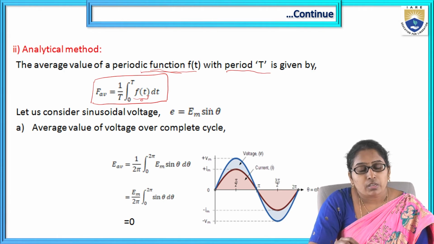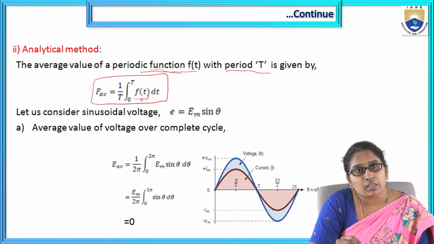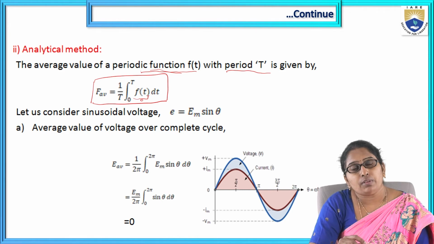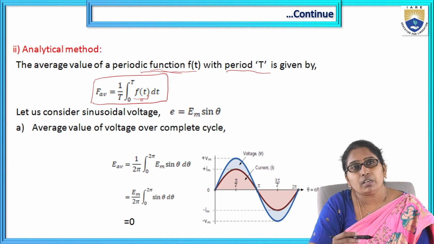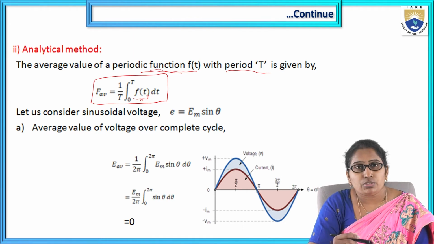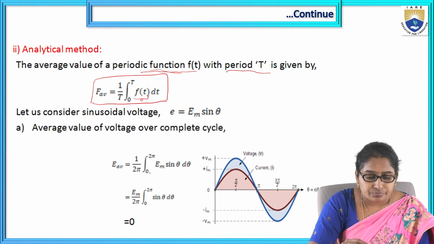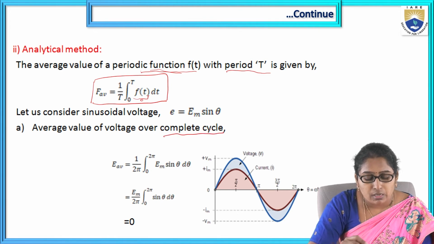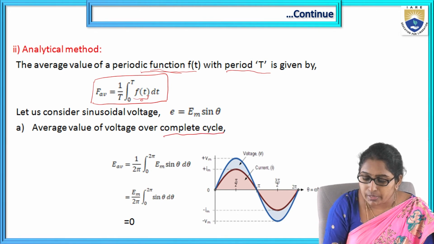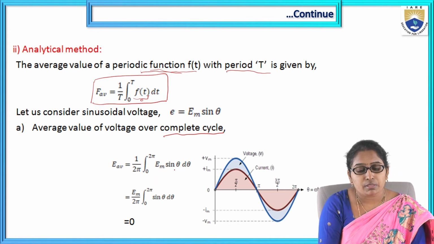A sinusoidal signal is a symmetrical signal, so if you calculate the average value for a complete cycle, its value will be 0. Let's see that once, for the full cycle first. E average is equal to 1 by capital T. What is the time period for a complete cycle? 2 pi. So 1 by 2 pi integral from 0 to 2 pi of Em sine theta.